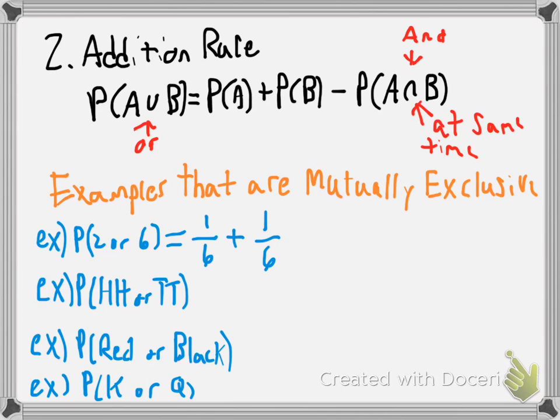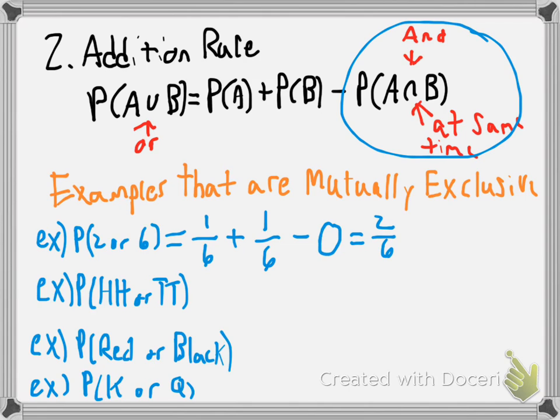Okay, so I've taken the 2 events separately. And then if I roll one die and I want to know the probability of getting a 2 and a 6 at the same time, that's this part of the formula right here. Is that possible? Can I roll a 2 and a 6 at the same time? No, I can't. So this probability is 0. So we just take the 2 probabilities, add them together, 2/6, which reduces to 1/3.